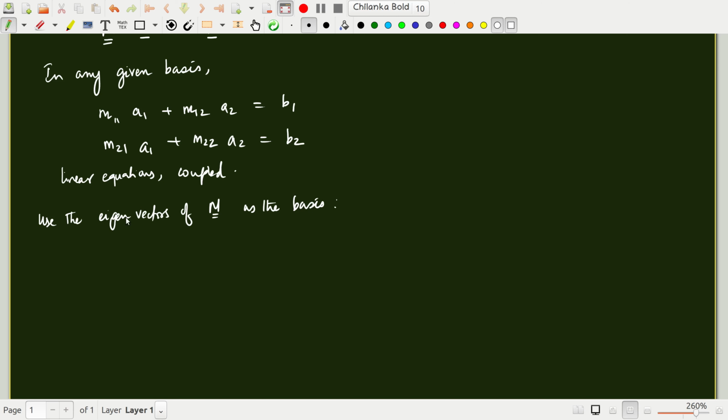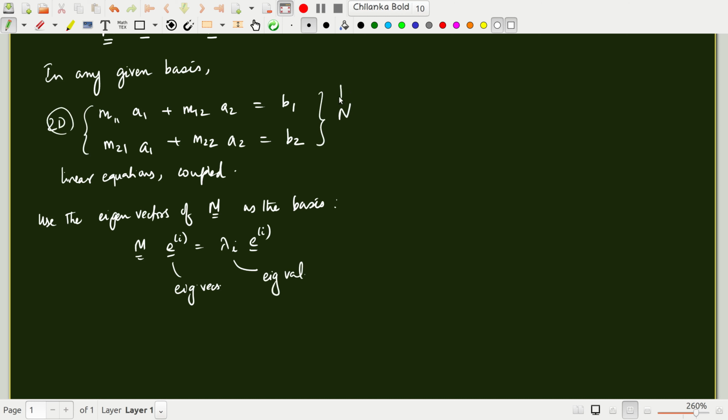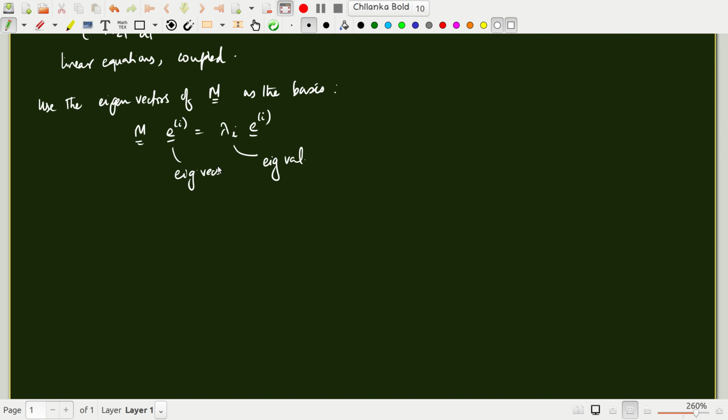Let the eigenvalue problem be M ei = lambda i ei, where the ei's are the eigenvectors and the lambda's are the eigenvalues. Although I have given this example in 2 dimensions for the sake of clarity, this is true for any n-dimensional finite dimensional space.